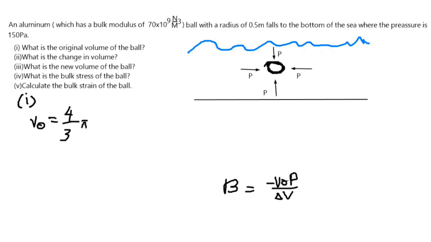It's 4/3 pi r cube. So ito yung initial volume nyo kasi given na yung initial radius 0.5 meter. So what we're going to do here is just plug in everything and we're done.